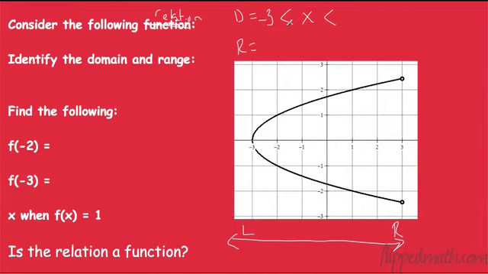Now I have to ask myself, is it just greater than -3 or could it equal -3? Well, how do I know? Is it a solid at -3? It is a solid at -3, so it could equal -3. Now on the far side, I want to know the upper limit. What's the biggest number I could have?